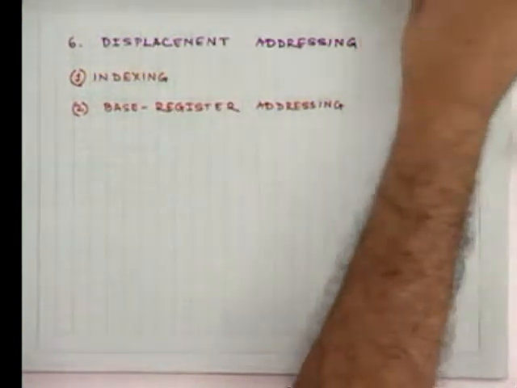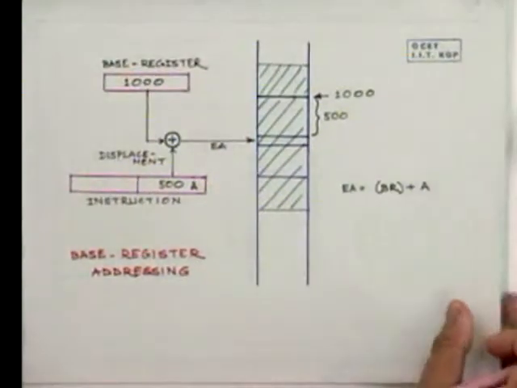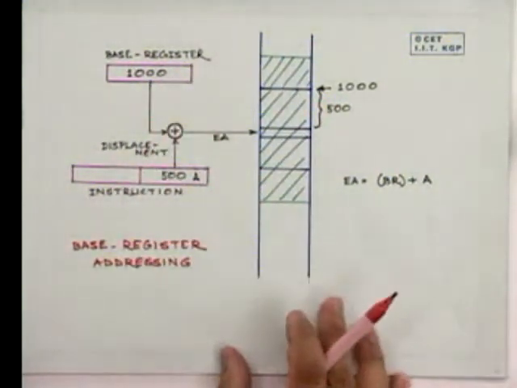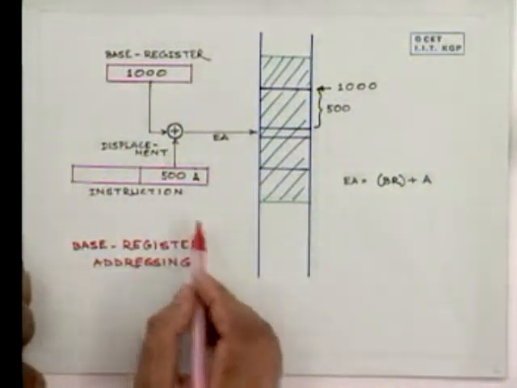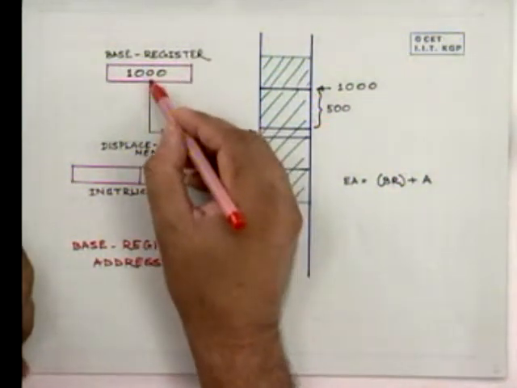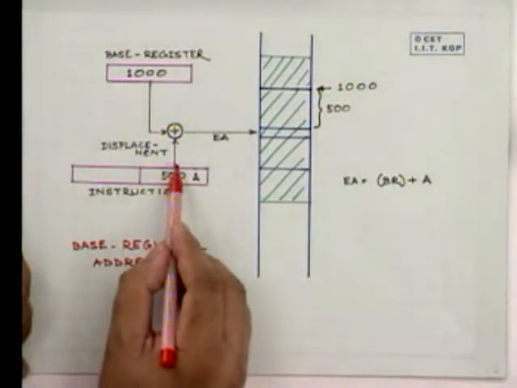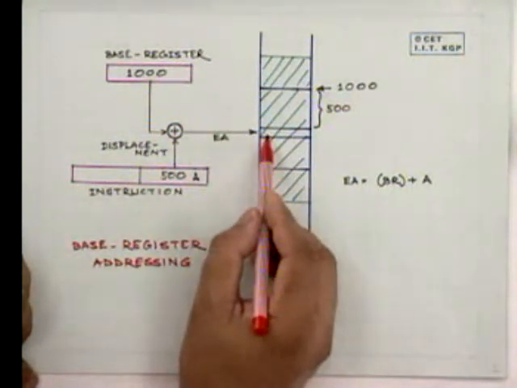Here what is done is this, that a base register is specified, and in the instruction the displacement is given. For example, the content of the base register is taken, then the displacement comes from the instruction, these two are added, and we get an effective address.